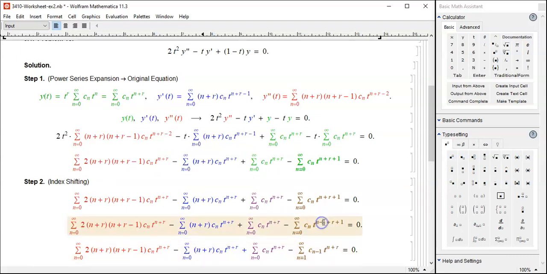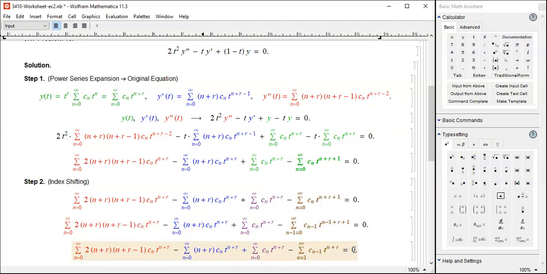Good. Because I replace n by n minus 1, I have to do the same thing everywhere whenever n shows up in this brown series. And eventually we end up with this. n is going from 1, and I see n minus 1, and t to the n plus r power. Okay, now let's resume here.